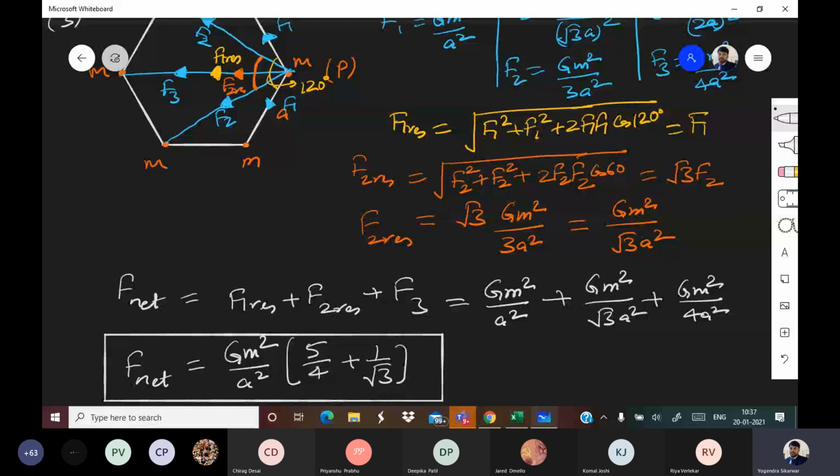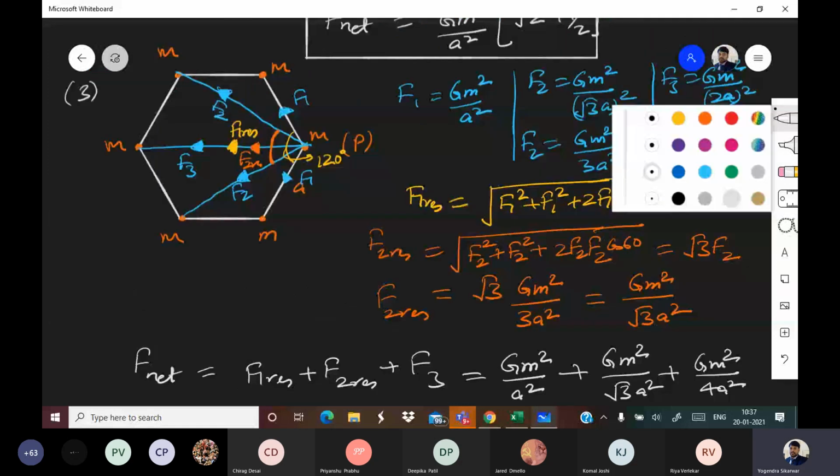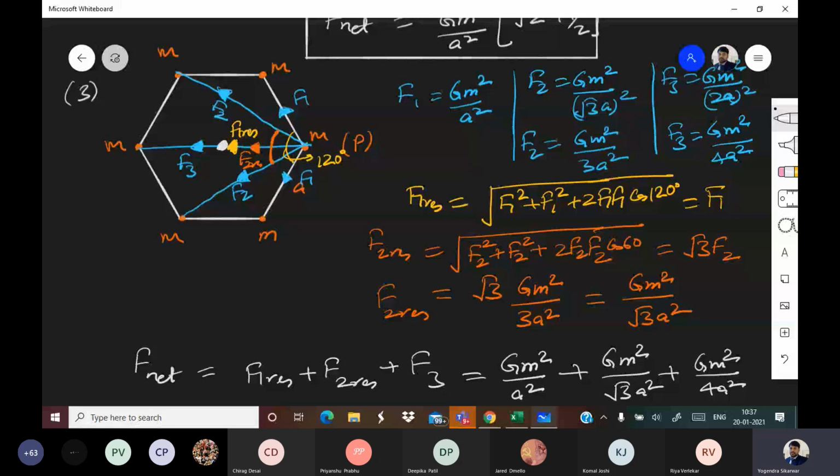Suppose if you keep one mass of any value at the center, then force on mass m, which is at the center, will be zero. Are you getting it, Pratyusha?